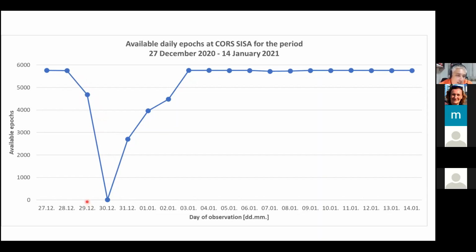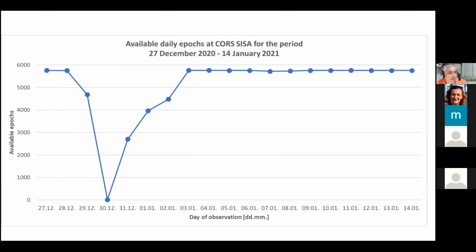On the 29th of December, when the main shock occurred, we have data, but not full data. Later, on 31st of December, 1st of January, and 2nd of January, we also have some data missing. From 3rd of January on, we have full data.